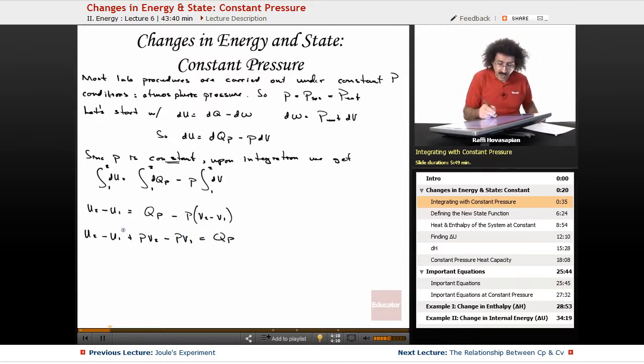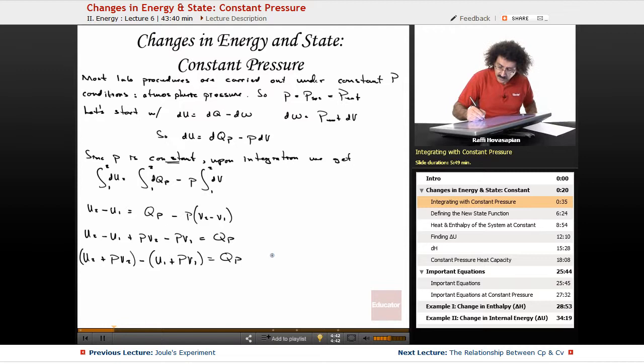So far, so good. I'm going to rearrange this and put the 2's together. So I get U2 plus PV2 minus U1 plus PV1 equals qP.